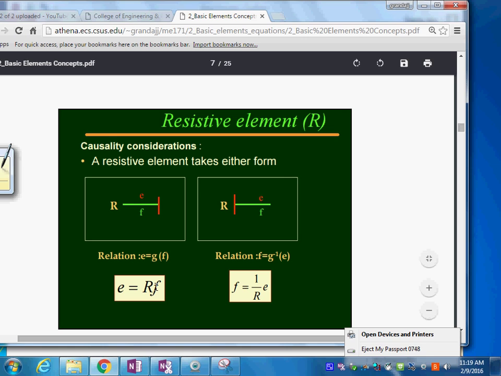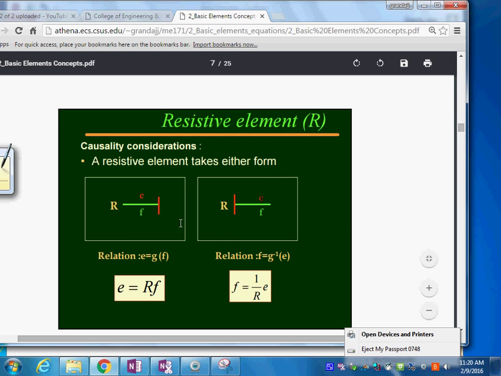Like in the case on the left hand side, the output is the effort, so you say E is R times F. But in this case, the flow is the output, and flow is 1 over R times E.